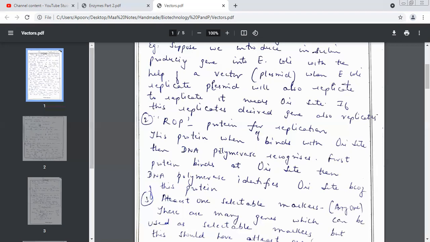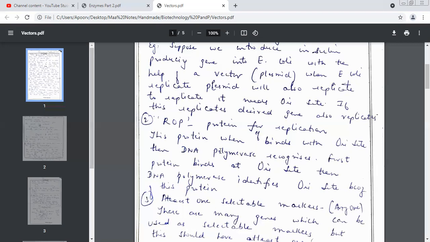Yes, beta. This DNA polymerase is actually the enzyme which is responsible for replication. And it will become active only when it identifies the ORI site. And it can identify the ORI site only when what is attached to it? Which protein? Protein for replication. Yes.